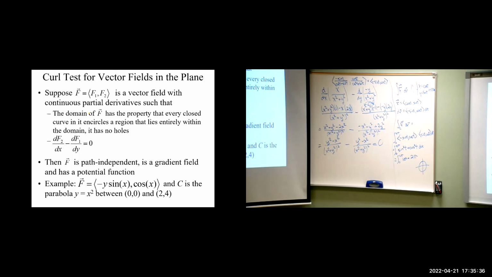Our theorem says this is only guaranteed if you have no holes. Questions about that one? And so again, we still solved it, right? We still calculated the line integral. We just lose the guarantee that it's path independent. Okay.